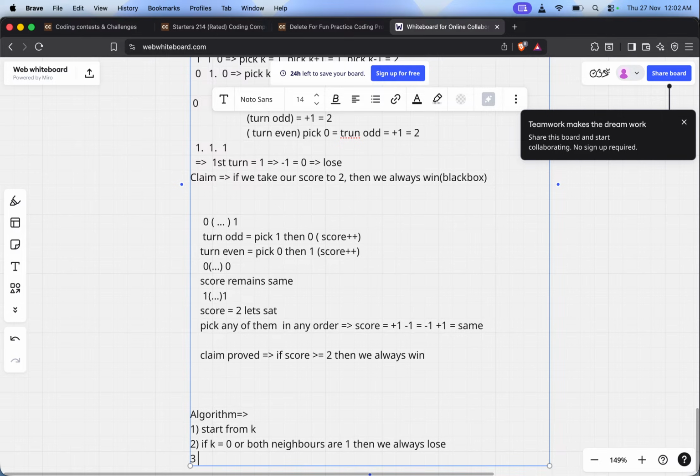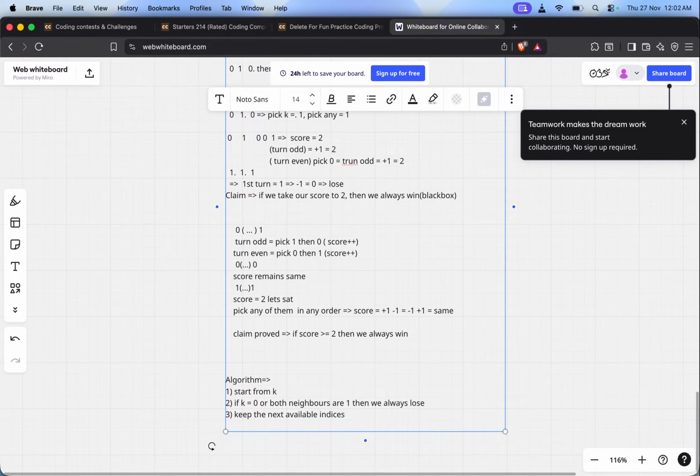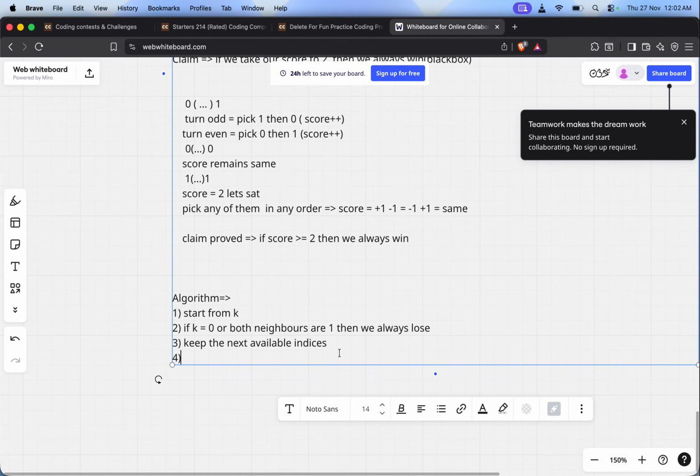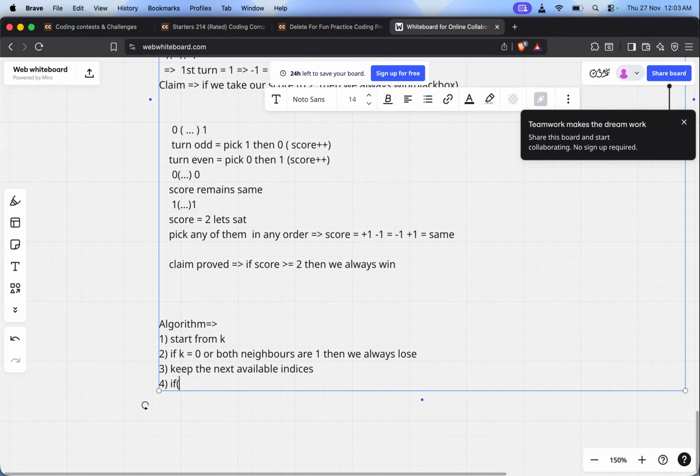But in the other scenario, keep the next available indices, both to the left and to the right. Now, according to the scenario, if our condition is odd, then try to pick 1.